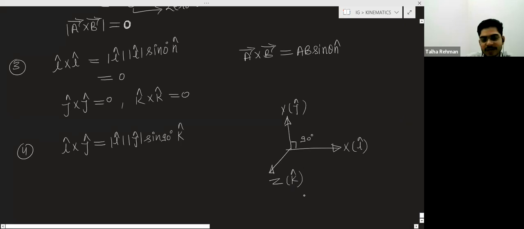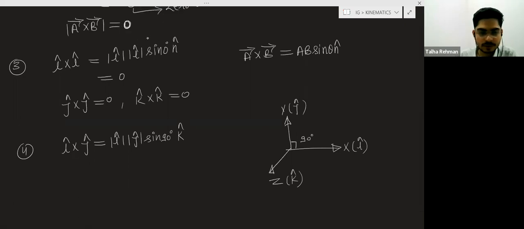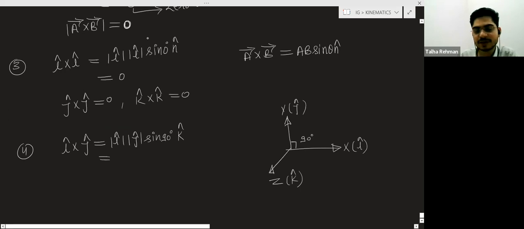What is the magnitude of i cap? No, i cap is a unit vector. So the magnitude of i cap is equal to 1.